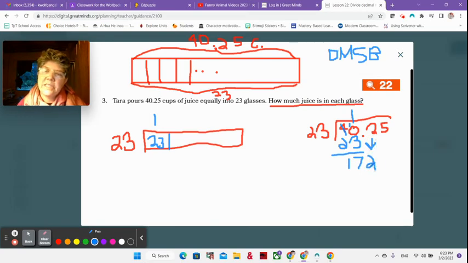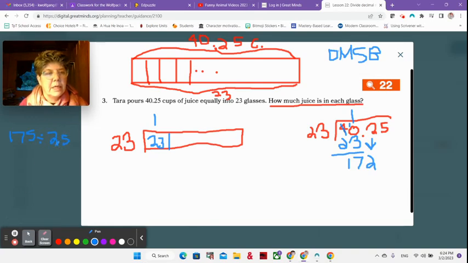So now I have 172 divided by 23. So let's think about that. 23 is close to 25, and 172 is close to 175. So we could think about 175 divided by 25, right? We pick numbers that we know are easy to divide, right?